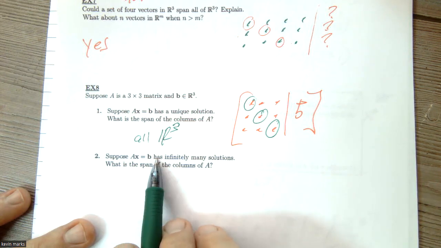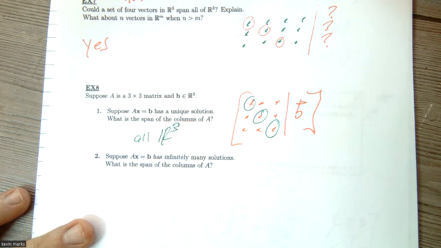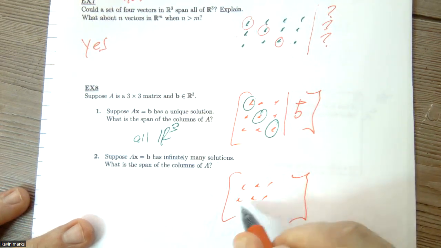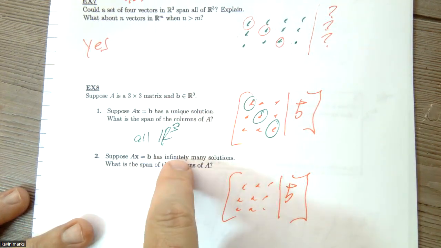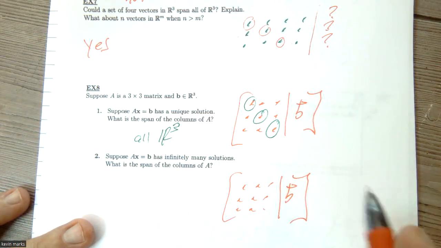Okay. Suppose AX equals B has infinitely many solutions now. A different deal here, but it's the same thing. You've got a 3 by 3. But let's say it turned out that it had infinitely many solutions. If you had infinitely many solutions, what does that mean?